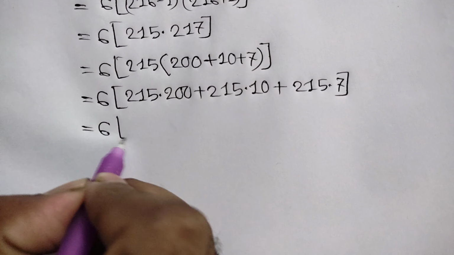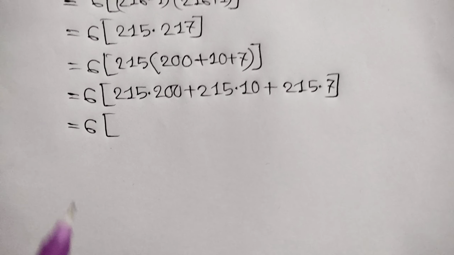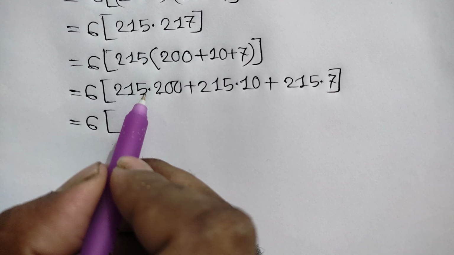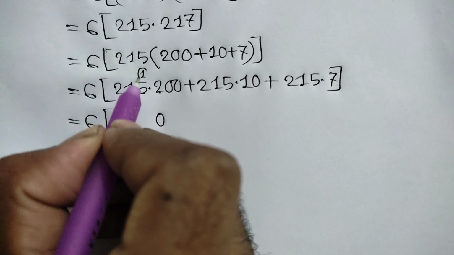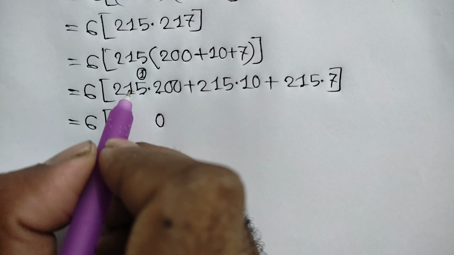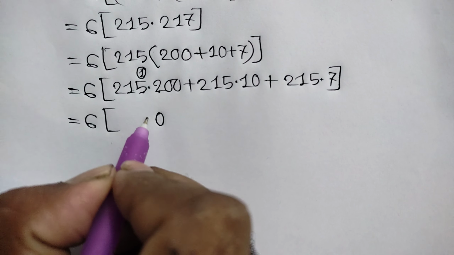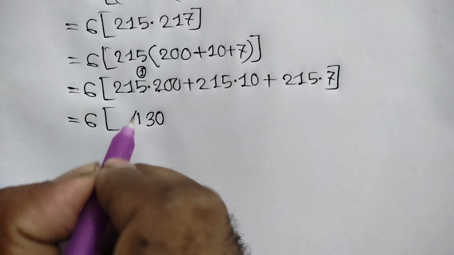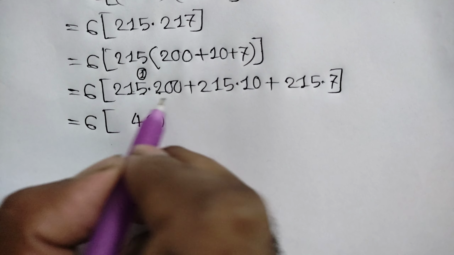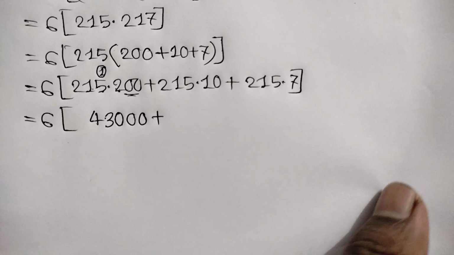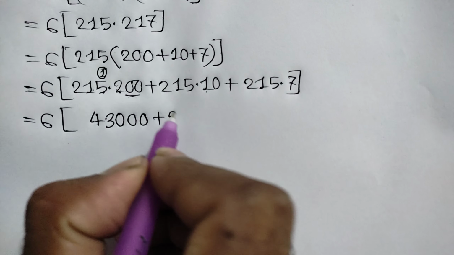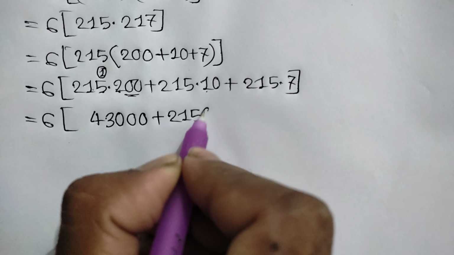is equal to 6 times, now multiply: 215 times 2 hundreds, 2 times 5 is 10, we write 0, 1 is carry, 2 times 1 is 2, 2 plus 1 is 3, 2 times 2 is 4, with these 2 zeros. Plus, we know 1 times 215 is 215 with this 0.